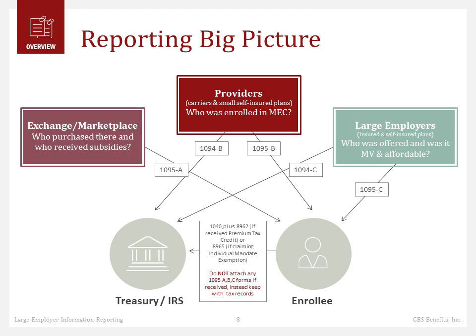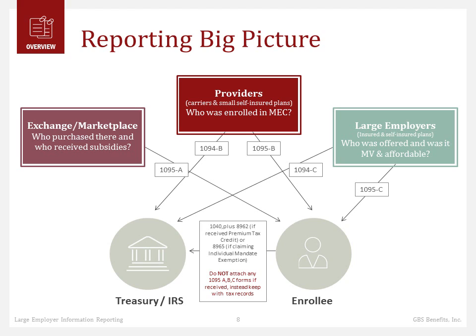So here's our graphic to give you the big picture that we were just discussing. You'll notice on the left-hand side we have exchange and marketplace, and then we have an arrow that says 1095A that goes to enrollees. Every enrollee in the exchange and marketplace will get a 1095A. In the middle we have providers, and the small self-insured plans fall under this group. They will be filling out the B forms.